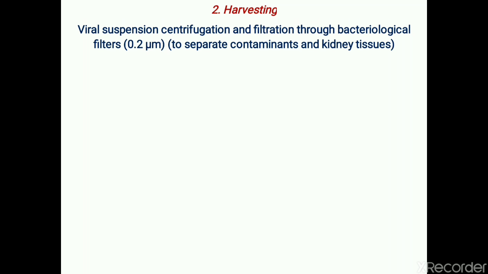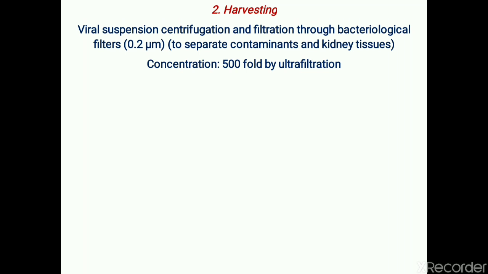Harvesting of a viral suspension is done using two steps: centrifugation and filtration. Centrifugation and filtration will remove the animal cell debris and contamination. Filtration is done through bacteriological filters for the separation of bacterial contaminants.